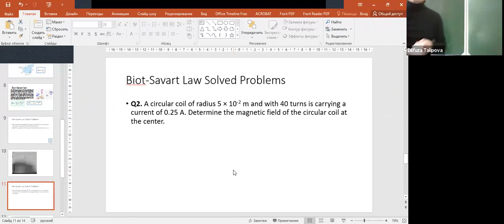Determine the magnetic field of the circular coil at the center.